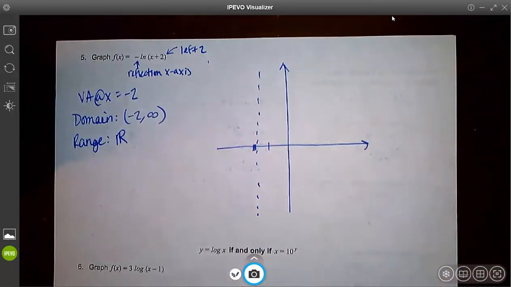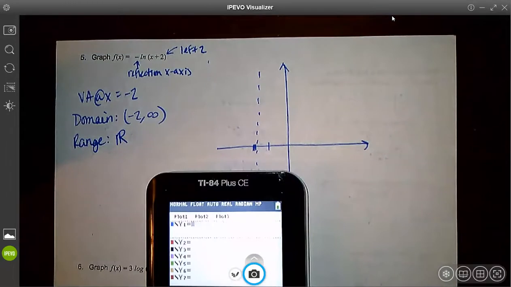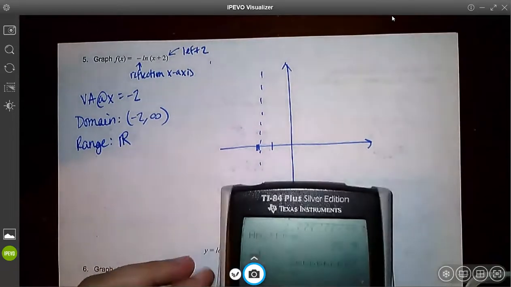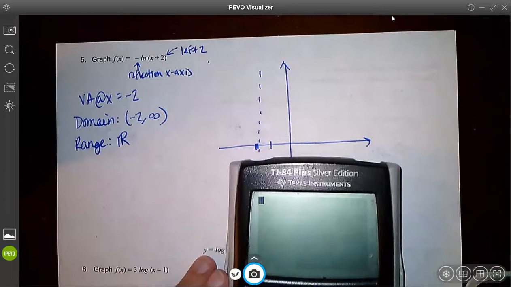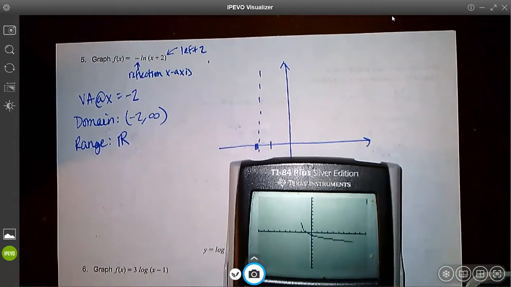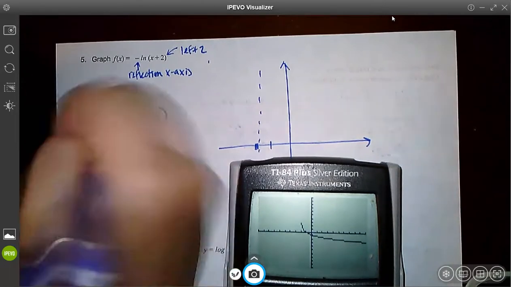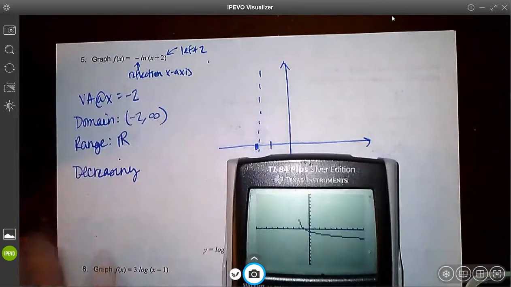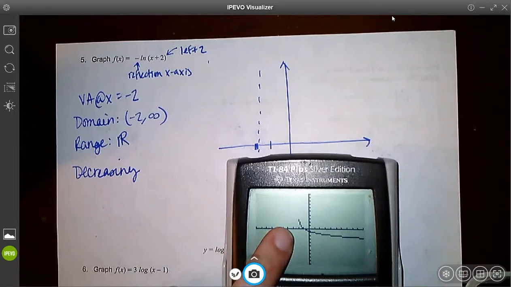And then I'm just going to put points on my calculator here. I'm going to use my other calculator because I think you can see it a little better. So y equals negative natural log of x plus 2. Instead of increasing, this one is going to be decreasing. And it approaches negative 2 on this side.